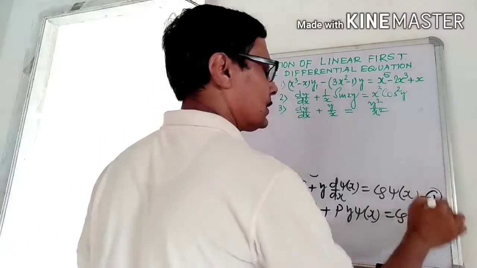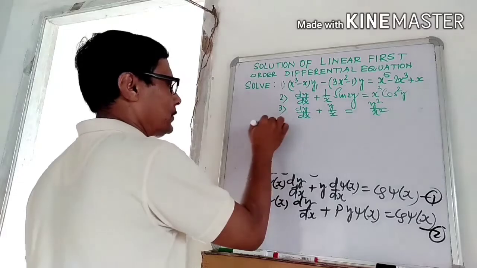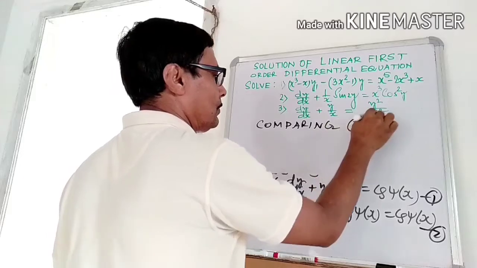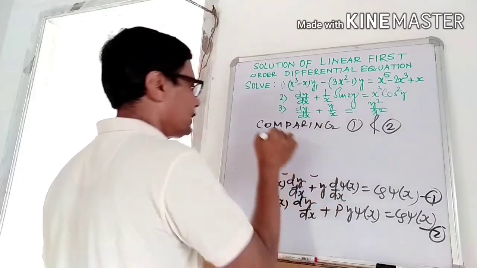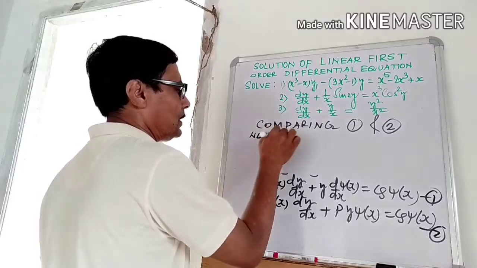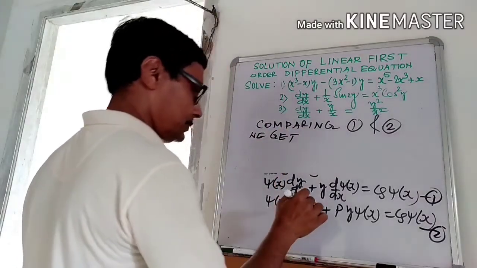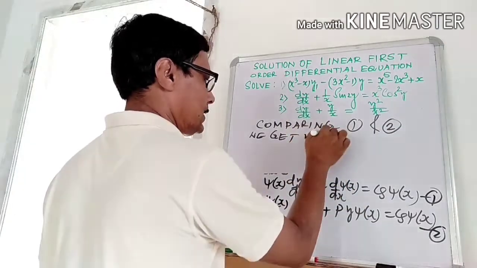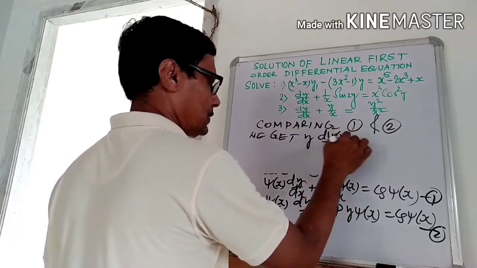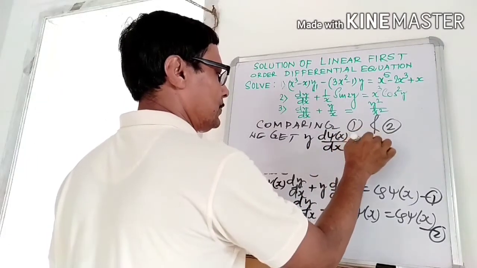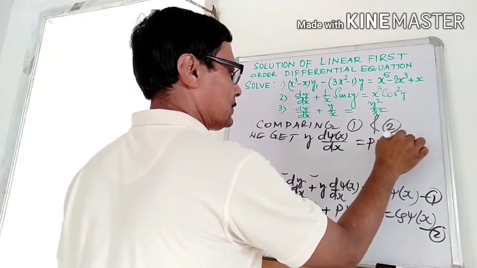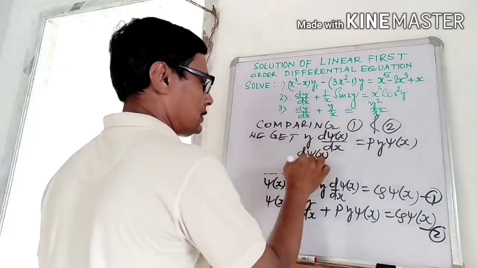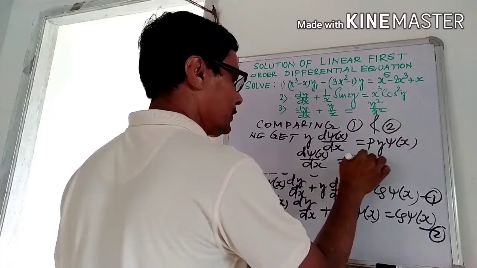Comparing equations 1 and 2, we can write y d psi/dx = p y psi(x), that is d psi/dx = p psi(x).